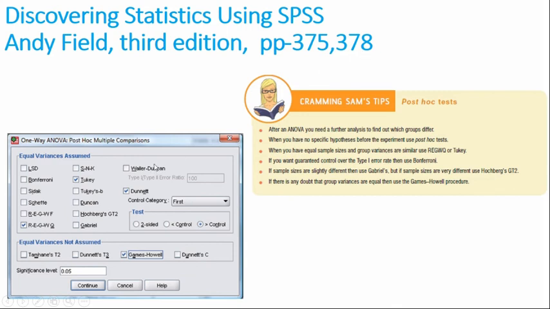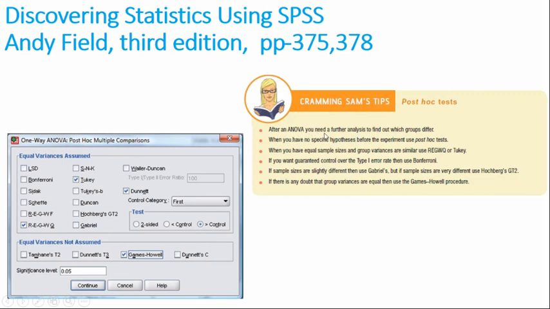When you perform these tests with SPSS, there are two separate boxes: equal variance assumed, equal variance not assumed. Here are the options: Games-Howell, Dunnett C, Dunnett T3, and for equal variances there are many options: LSD, Scheffe, REGWQ, Tukey B, Tukey, Duncan, and we check the takeaways from the Andy Field book on the same Posthoc tests.